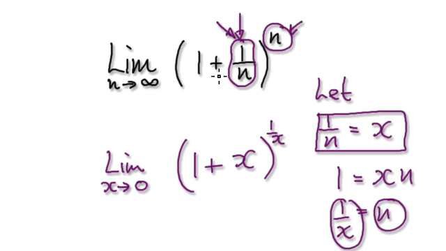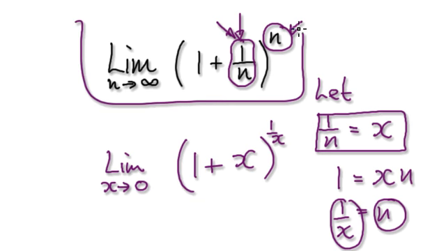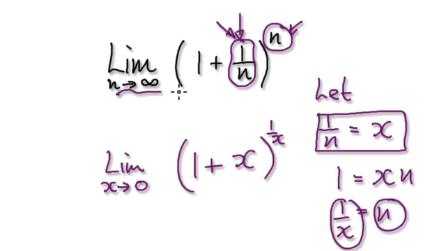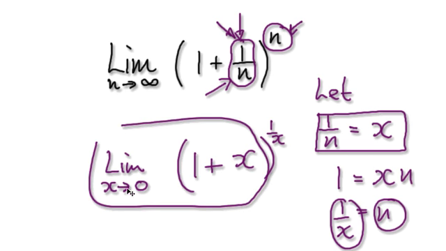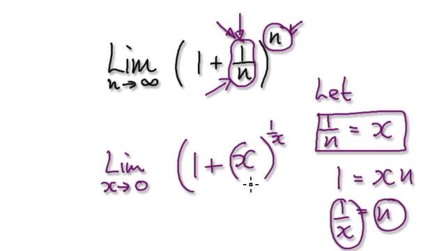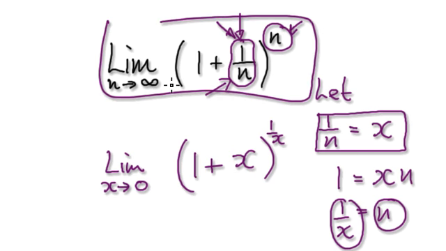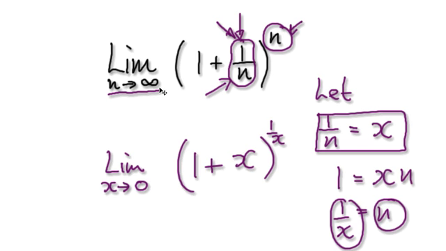Just written differently, because looking up here, when n gets bigger and bigger, this thing will get smaller and smaller. Looking down here, when x tends to 0, this thing will get smaller and smaller. And up here, when n gets bigger and bigger, this n will get bigger and bigger.